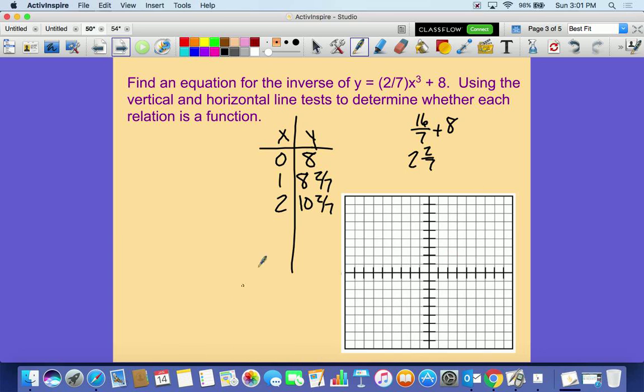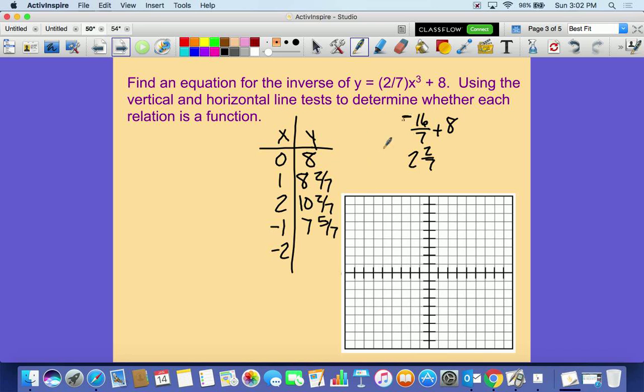So we're going to go the other way now, since these were both above. Now we need a -1 in there. -1 cubed would be -1 times 2/7 would be -2/7 plus 8 would be 7 and 5/7. Throw in a -2. -2 cubed would be -8 times 2/7 would be -16/7.